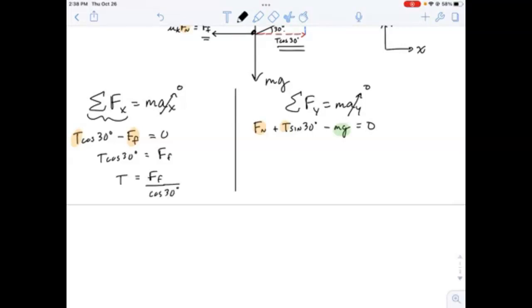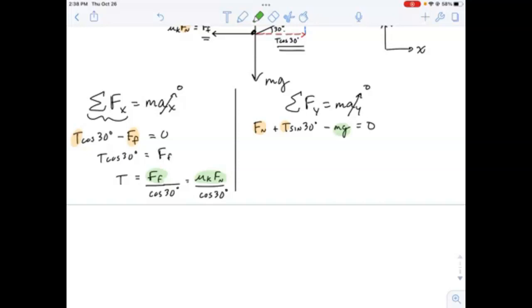And we can replace Ff with mu sub k Fn, because Ff is equal to mu sub k Fn. So I've derived an expression for T.